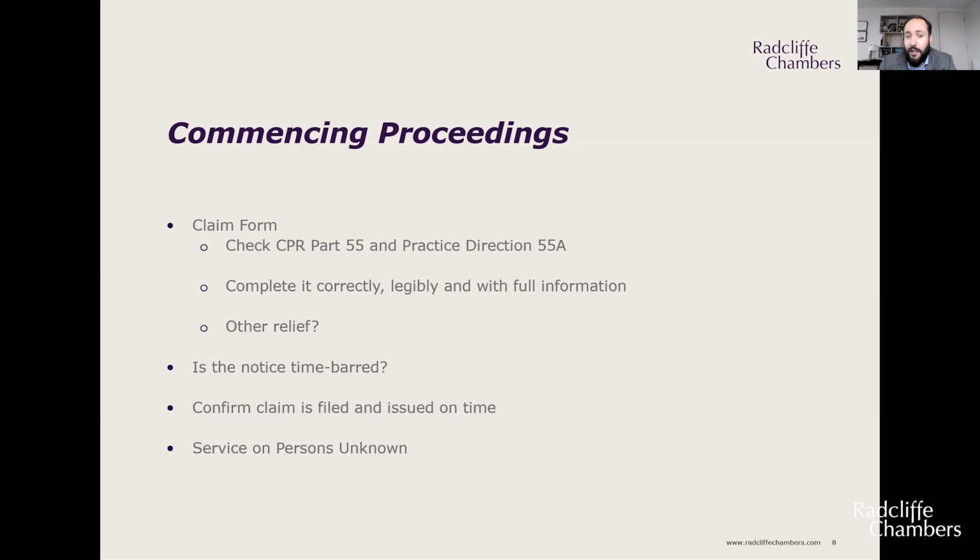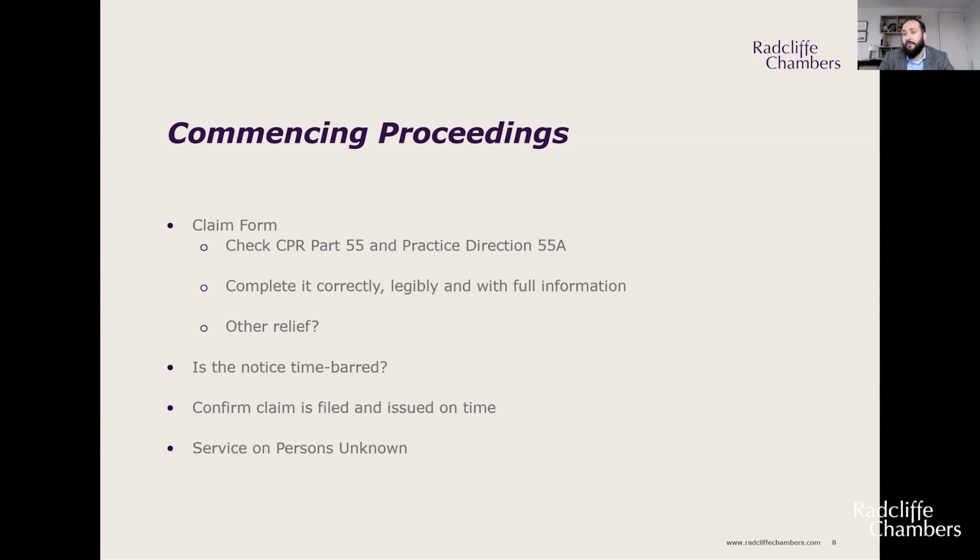And the final point I'd note is that if you are going to claim against trespassers, sometimes the landlord thinks that there are people in the property who he wants to be able to get out that are in effect trespassing, as well as the tenants. And so sometimes you'll want to issue a claim against persons unknown. You need to be very careful if you do that, because there are prescribed methods of serving on persons unknown under the CPR in Rule 55.6, specifically in relation to how the notice is displayed at the property on any doors or gates, put through the mailbox, or affixed on posts on the land.